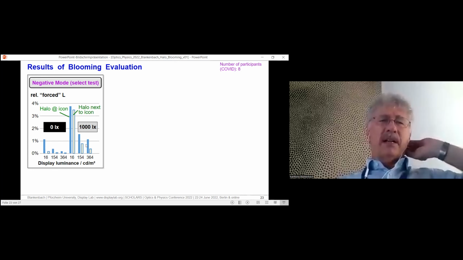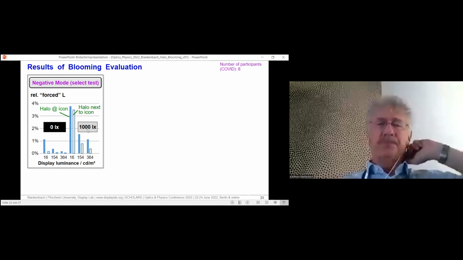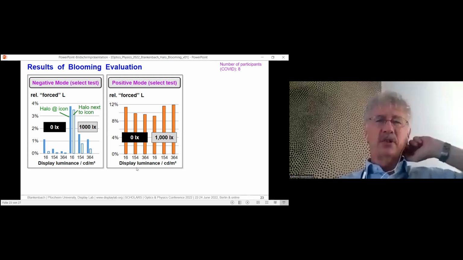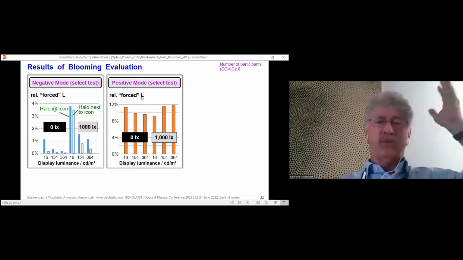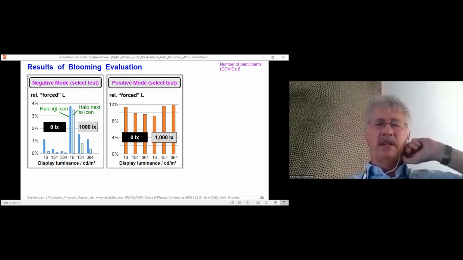Compared to bright light conditions, halo must be at least an order of magnitude higher than forced halo before it becomes noticeable by the subject. We did the same with a select test to judge the threshold, and the threshold in the select test was around about 10% of the display white luminance, nearly independent of the surrounding.